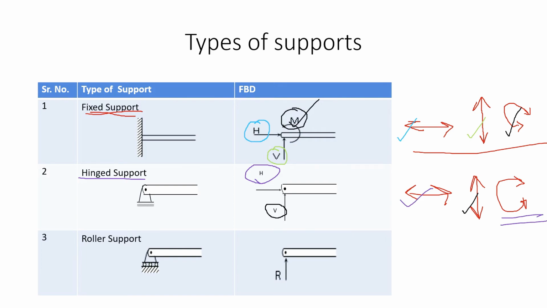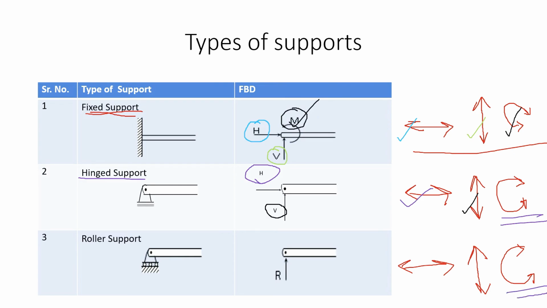Again, let us go for the third, that is a roller support. Now, a roller support is very similar to a hinge support, the only difference being that at the bottom surface a roller, meaning wheels, is provided. Since it is very similar to a hinge support, we have allowed this body to rotate.